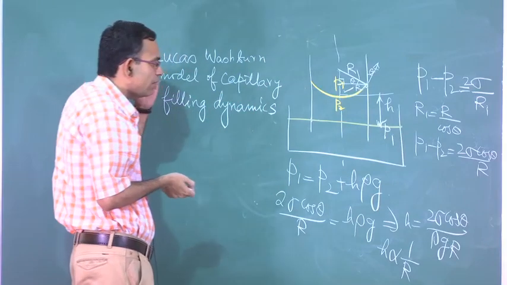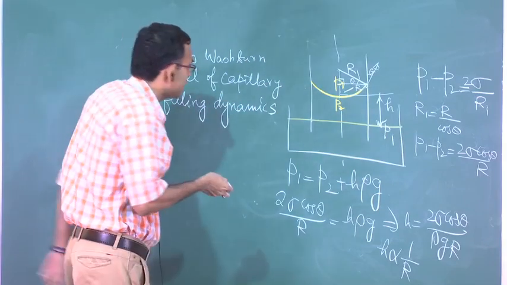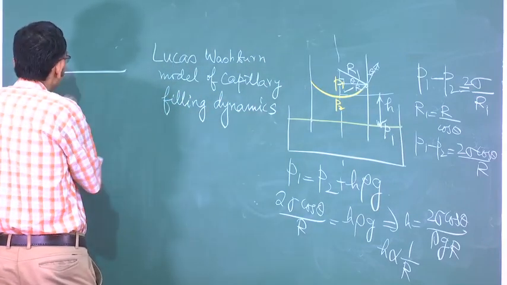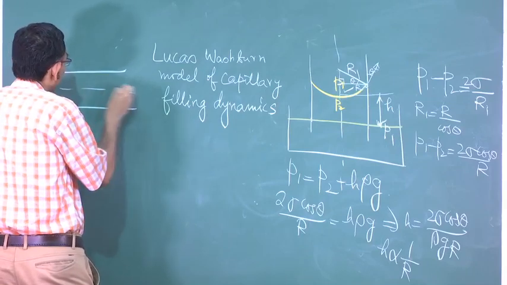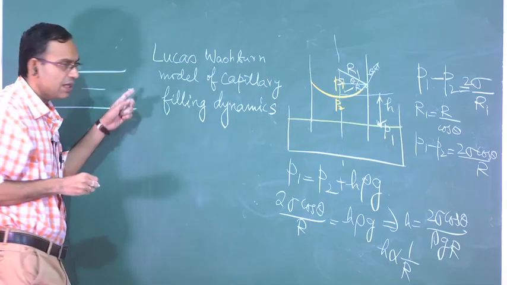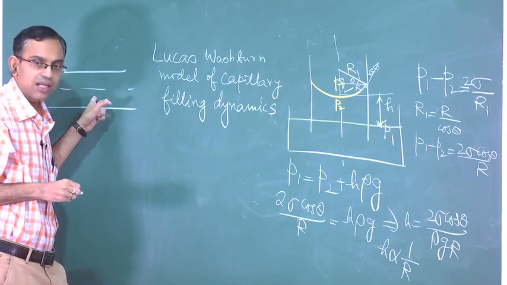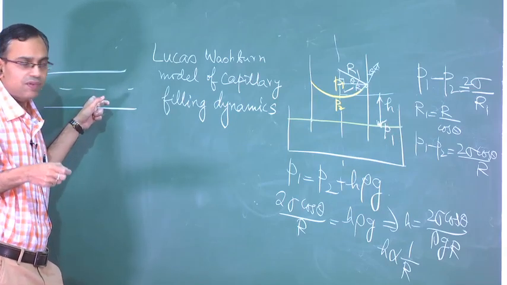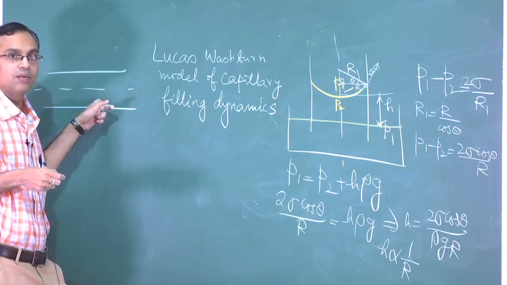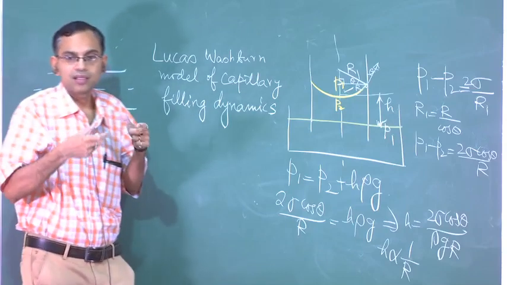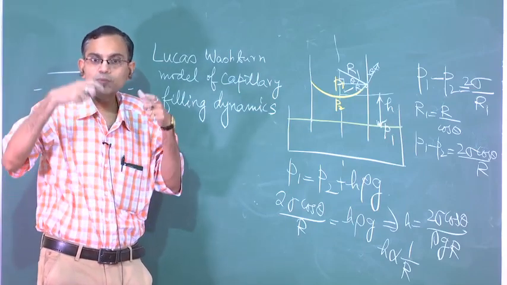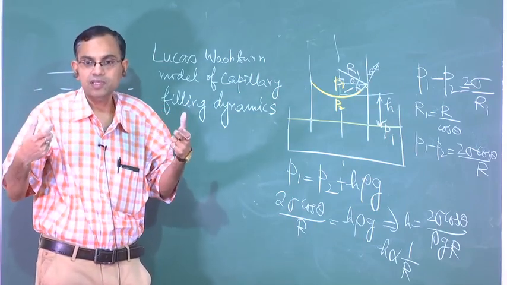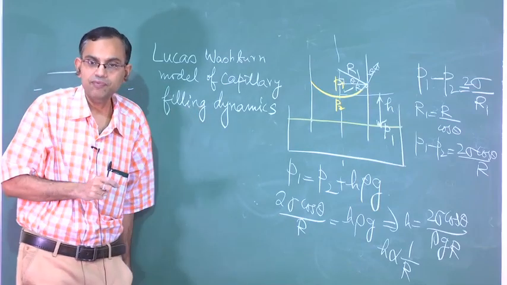So, we will not consider gravity as such. In this model we are considering either a horizontal channel, or even if the channel is not horizontal, because it is a micro scale phenomenon, the volumetric effects are much less than surface effects. So, we are neglecting the gravity effect altogether.